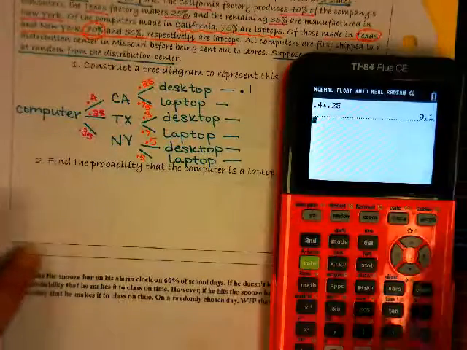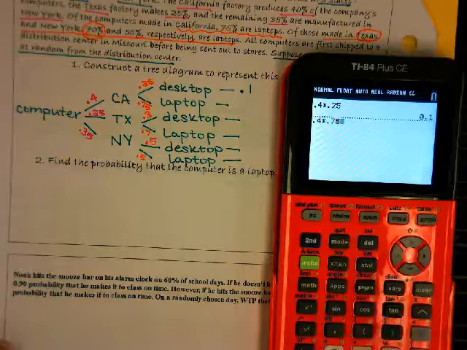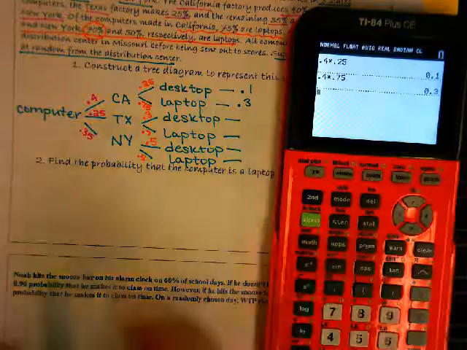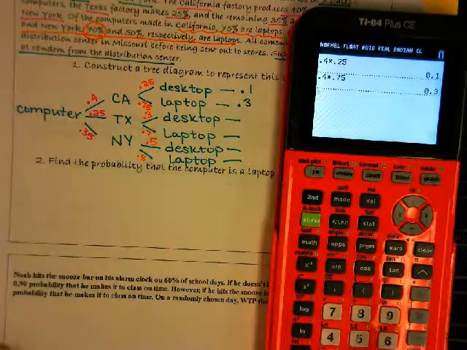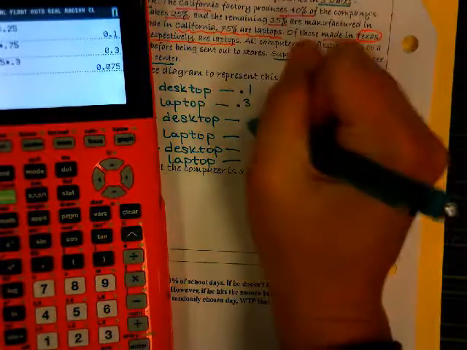So then California laptop, 0.4 times 0.75 is 0.3. Then Texas desktop, 0.25 times 0.3 is 0.075.